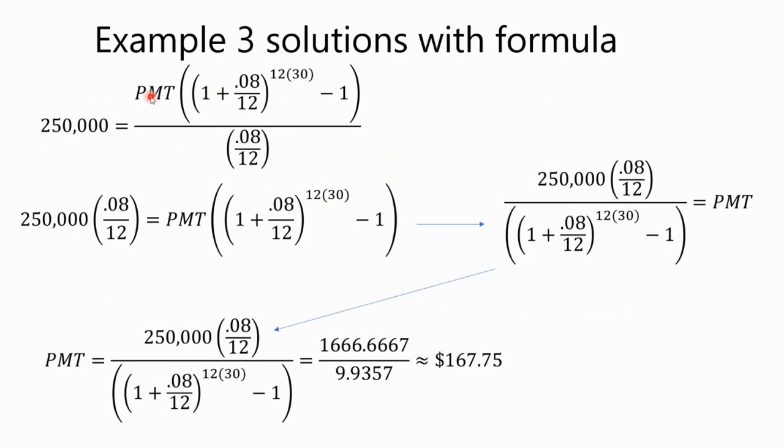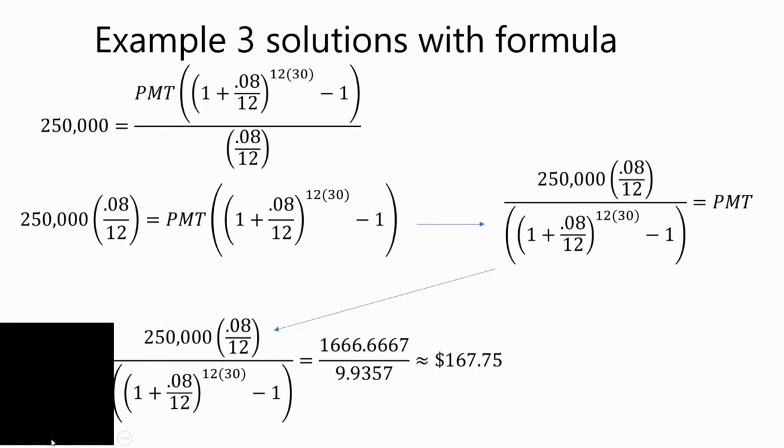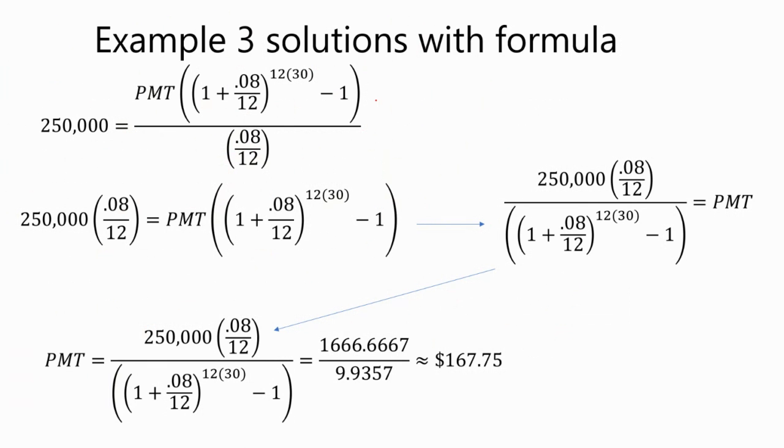Now what do we want to do? Again, we want to solve algebraically for PMT. What I did here was multiply both sides by 0.08 over 12, and that's how I got the line below it. I didn't show the calculation, but hopefully everyone can see it. Let me see if I can do it in red ink. 0.08 over 12.